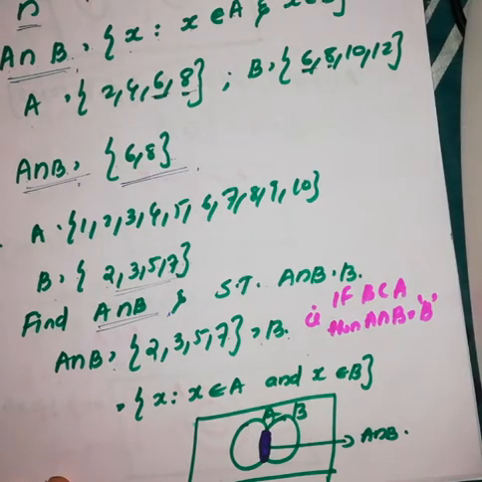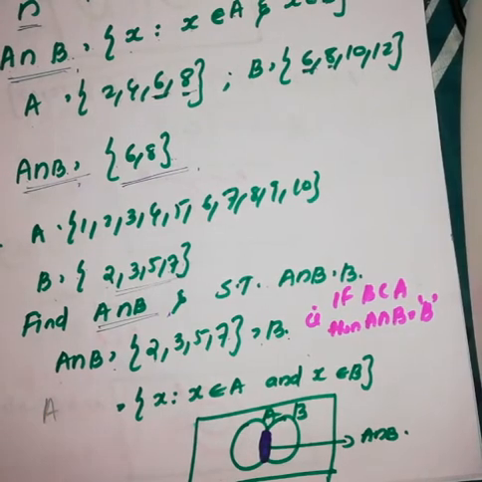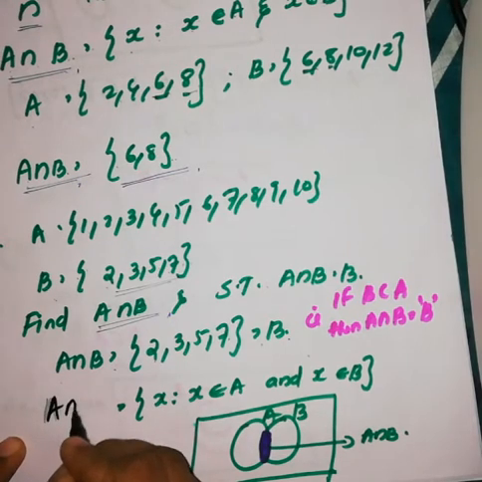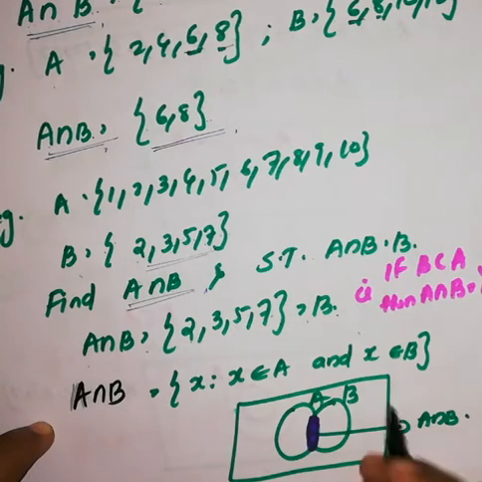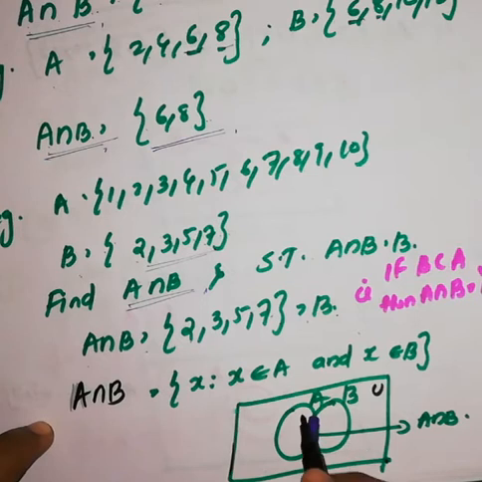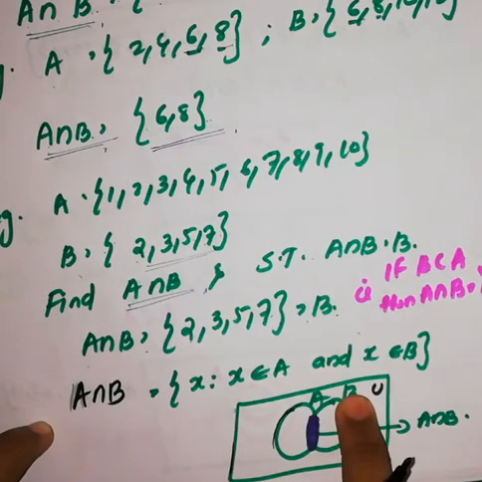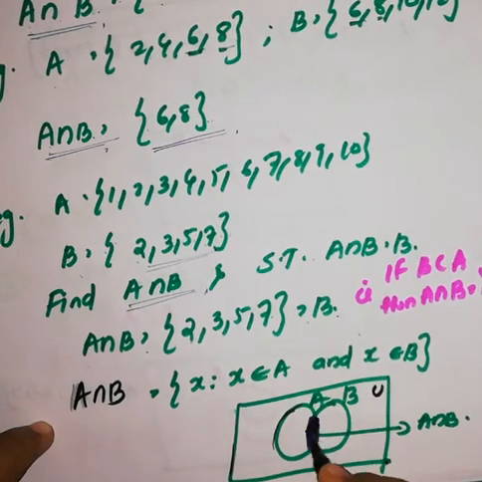So next we are going through the Venn diagram of A intersection B. What is the Venn diagram of A intersection B? We know that the definition of A intersection B is the common elements of both A and B. So we draw a universal set using a rectangle, and we draw two sets A and B. We know that A intersection B is equal to the elements common to both sets.